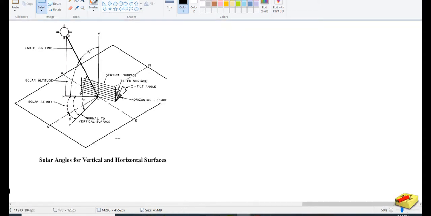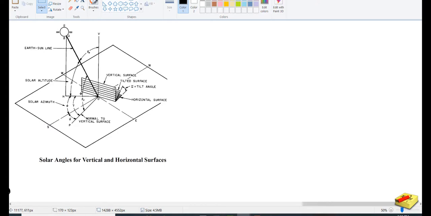Now for the representation drawing, we have this sketch. You have here the solar altitude angle, then the solar azimuth. Then we have the normal to the vertical surface, you have your P. Then we have the west and the east, and the north and the south.